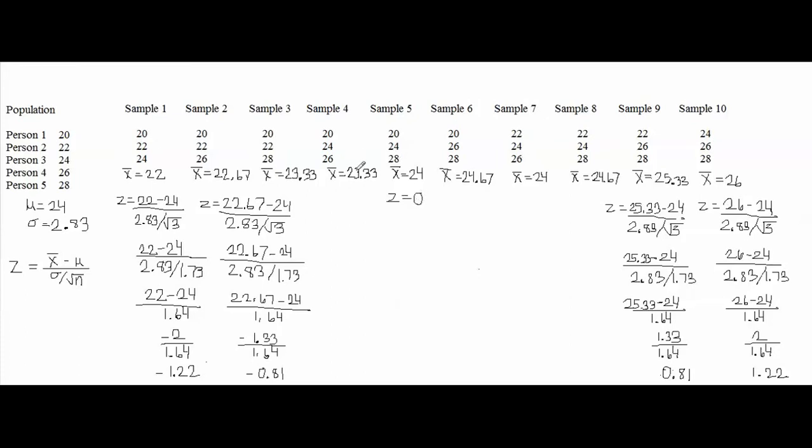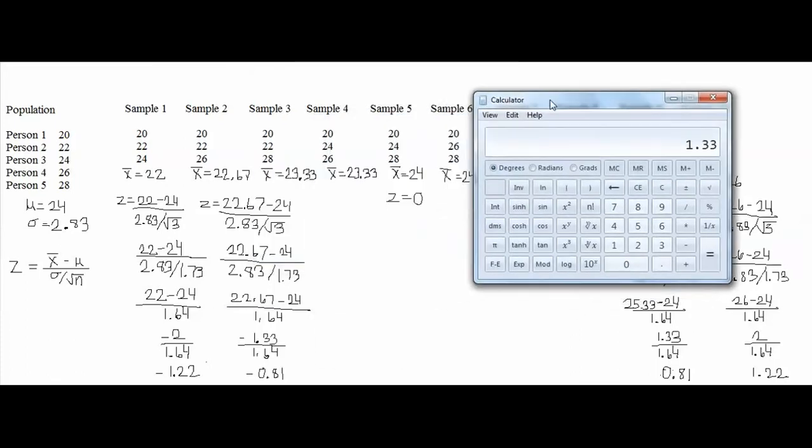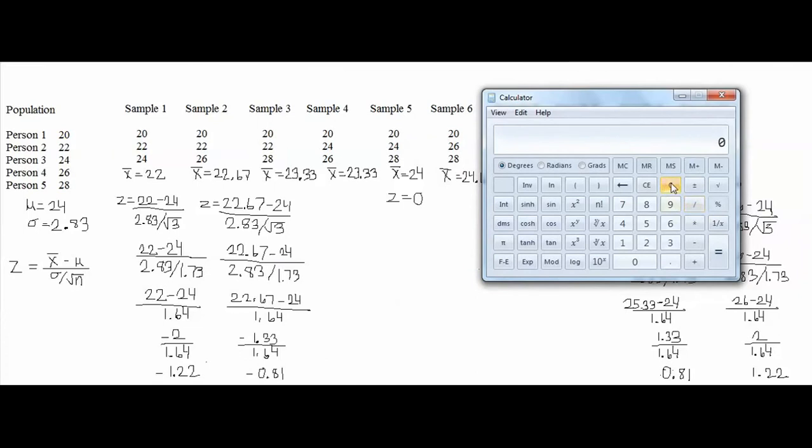What about these ones right here? Instead of going through all the work again, I'll just take a shortcut, because if I subtract 23.33 minus the population mean of 24, and I divide by 1.64, which is the bottom of the fraction, I get the z-score.